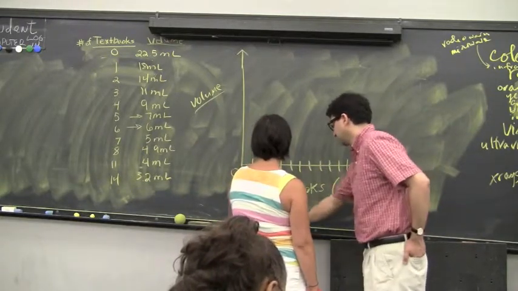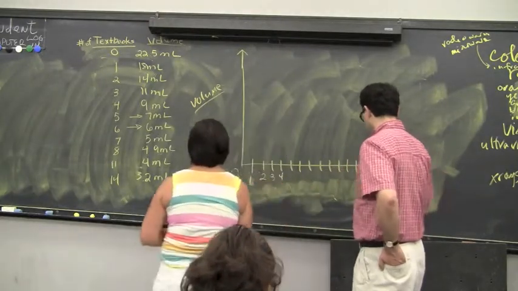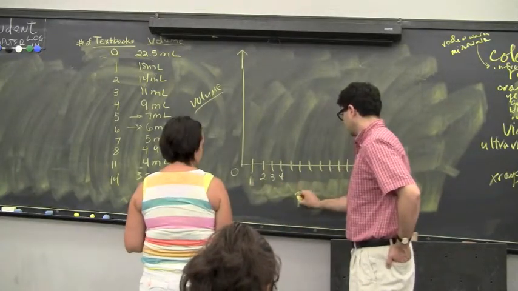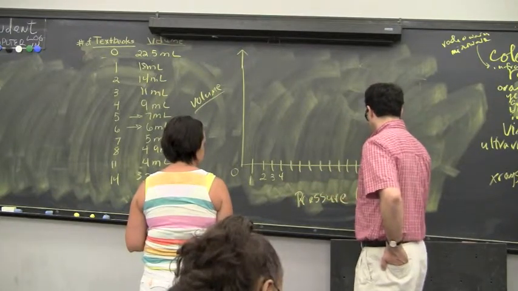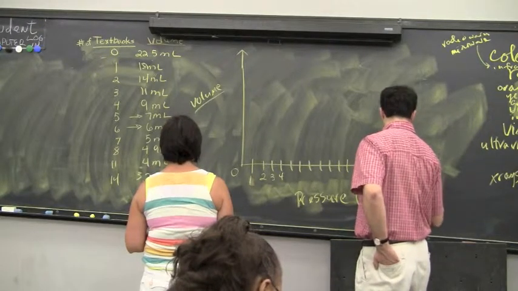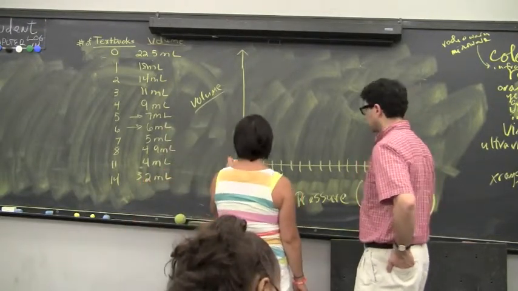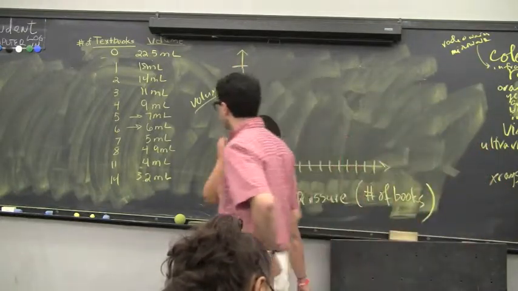Actually, we should do it the other way. You want it up here? No. But this axis we should call pressure, because that's the thing that we think it is, and then we're measuring it in number of volts. Okay, that's our unit. This is milliliters.